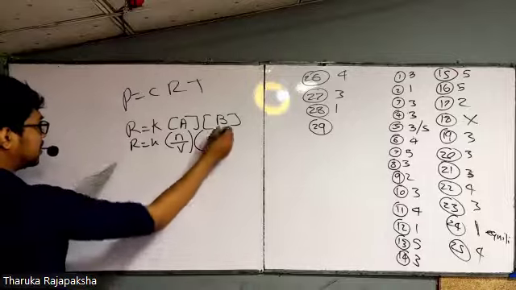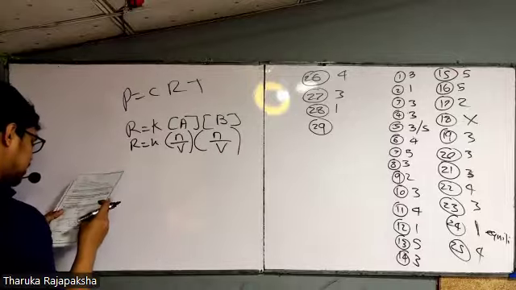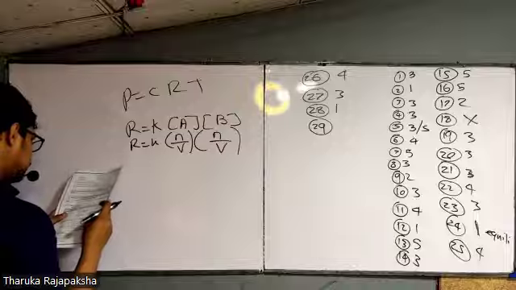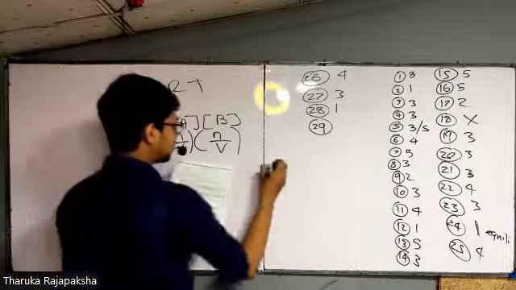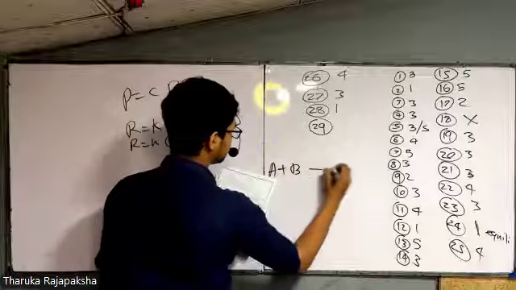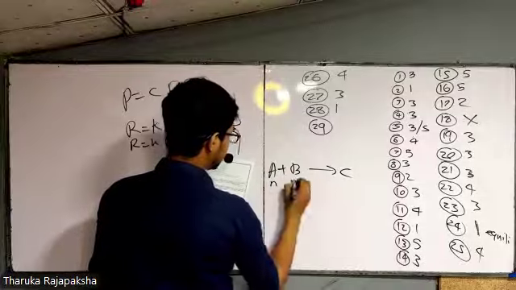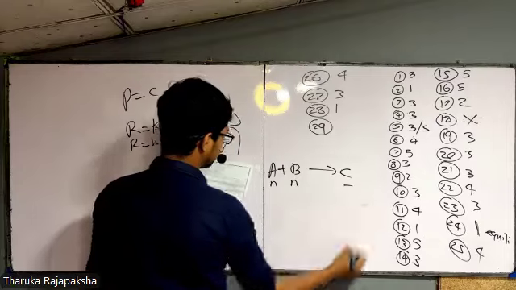After time T, what happens is they will react. A plus B goes to C. N moles, N moles, 0.